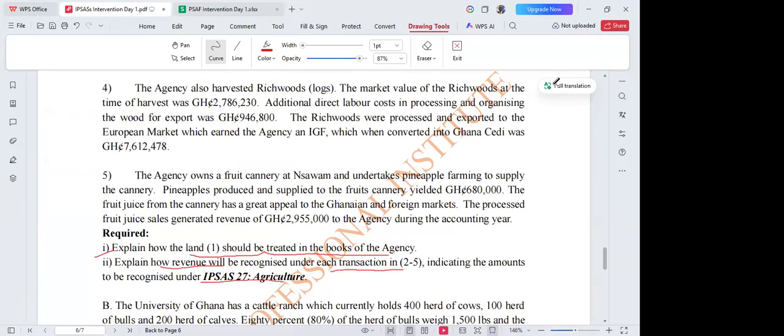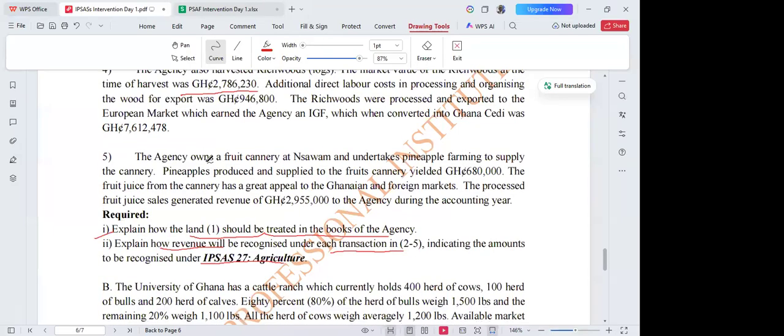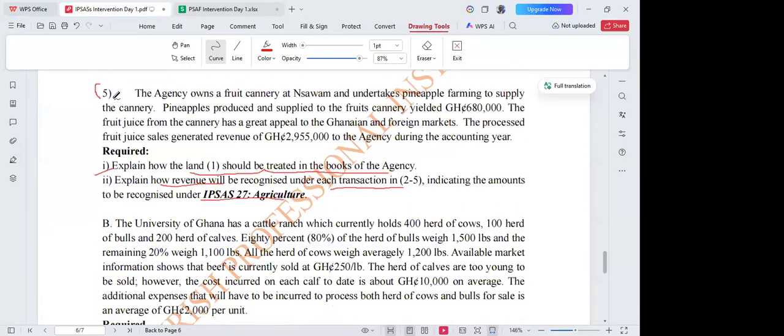I think it is 2,786,230. Why? Because per the standard, for us to get the revenue, it's supposed to start at the point of harvest. So at the point of harvest, we realize that the amount indicated over there is 2,786,230. Okay, that's good. Let's go to question 5.